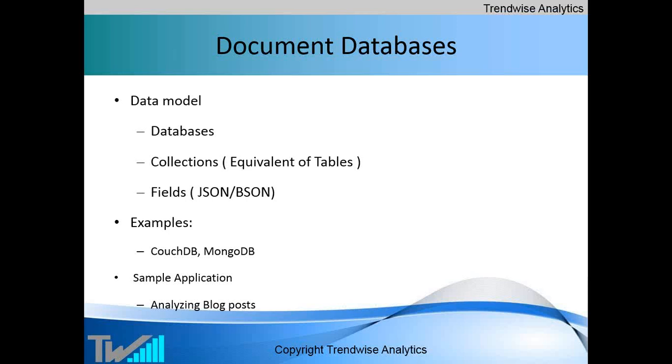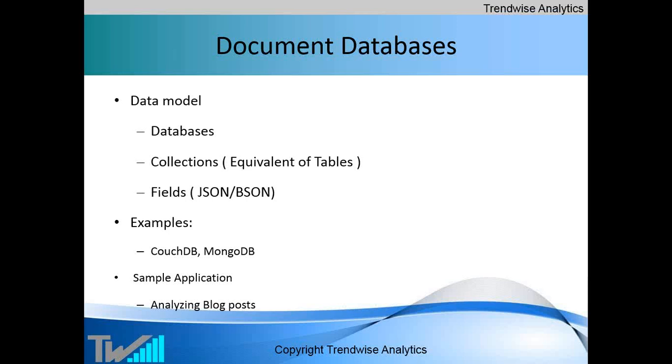Okay. So what else? Next is document databases. And here again, the data model is in the form of, at the top level, you have databases, then you have collections, and then you have fields. The collections are the equivalent of tables in a traditional RDBMS.